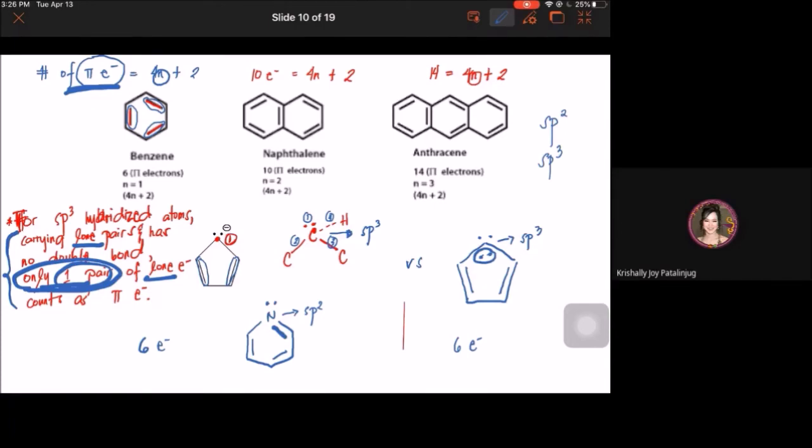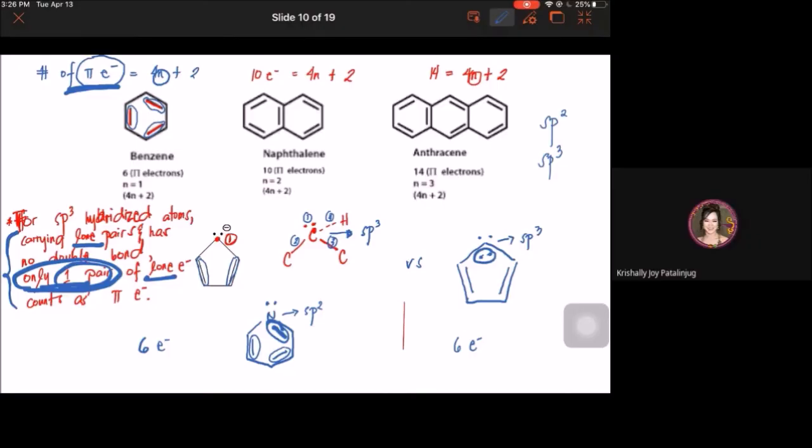Meaning, the pi electrons that contribute to the stability of the ring are the electrons in the pi bond, not the lone electrons.